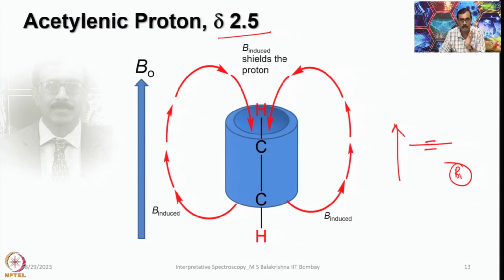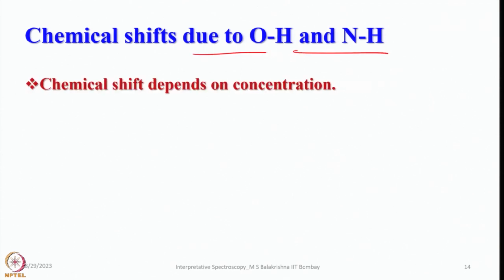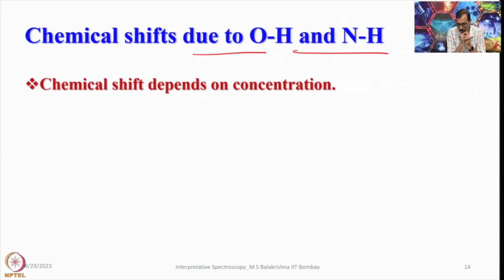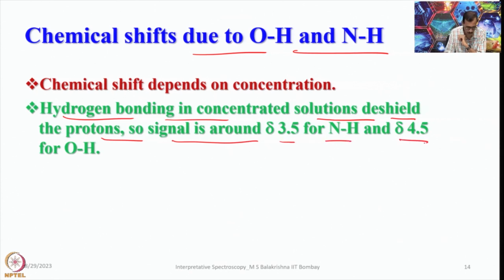So once we know these facts, it's very easy to understand why a given molecule's nuclei are shielded or de-shielded, or appear in high frequency region or low frequency region. What would happen to the OH and NH protons? Chemical shifts of OH and NH depend on concentration, very important. Hydrogen bonding in concentrated solutions de-shields the protons. So, signal is around 3.5 for NH and 4.5 for OH.